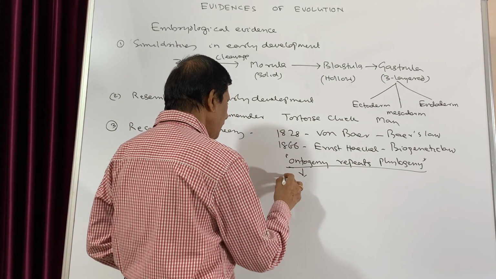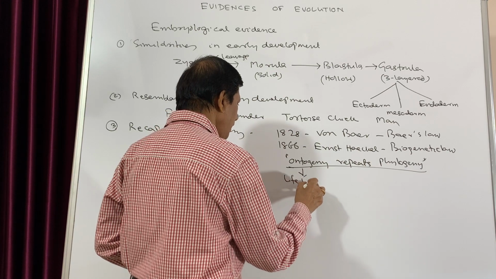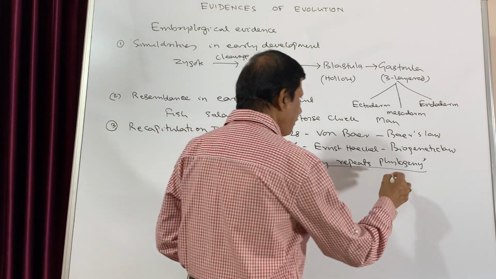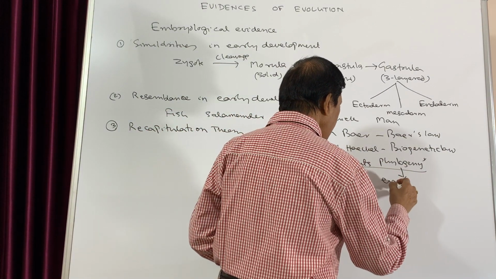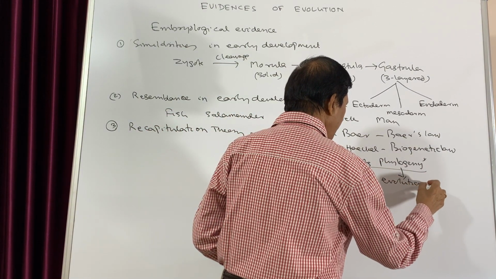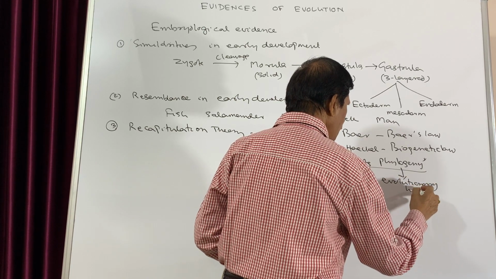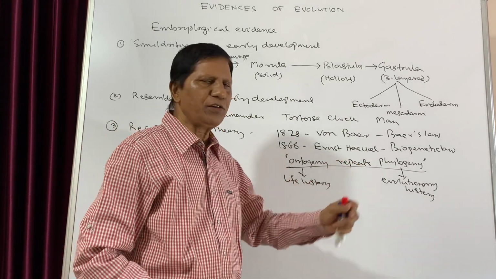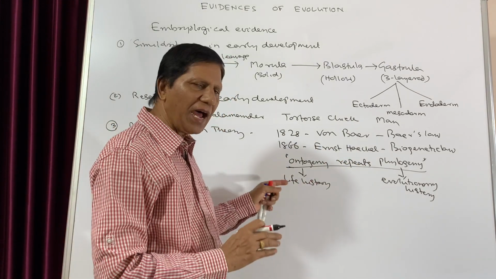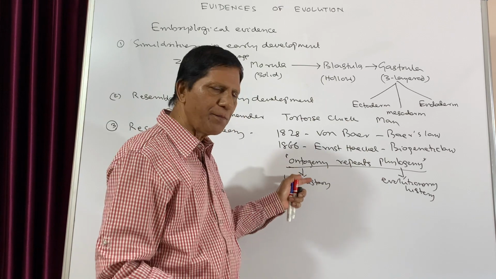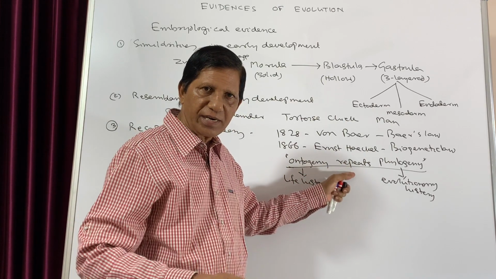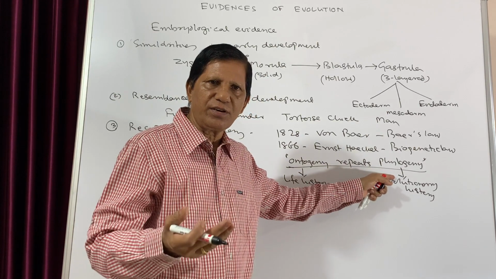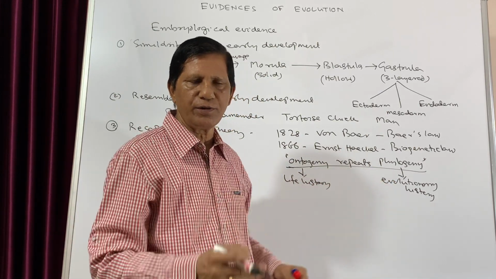Ontogeny means the life history of an organism, and phylogeny means the evolutionary history. So ontogeny repeats phylogeny. That means during the early development of an organism, it recapitulates the ancestor from which it has evolved.